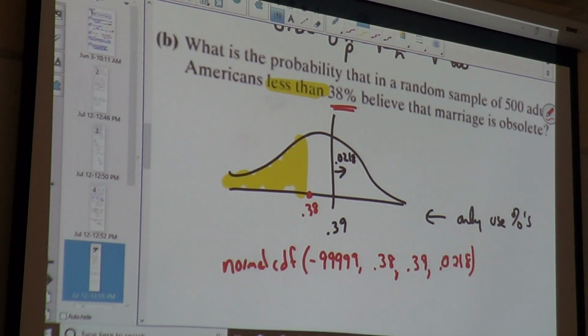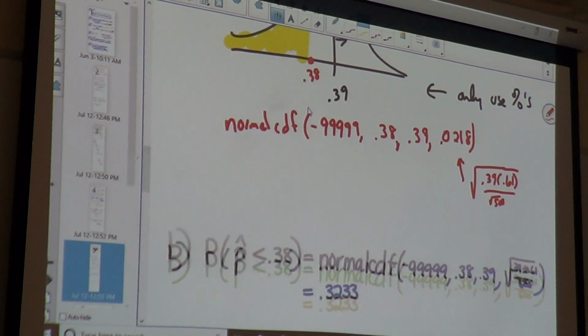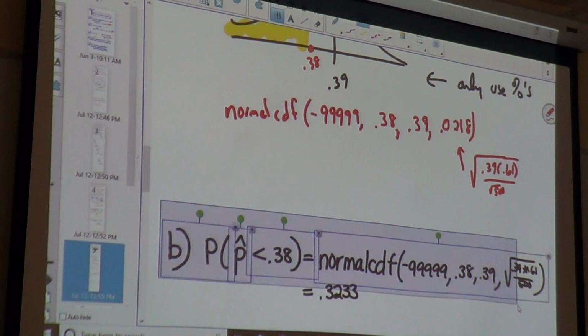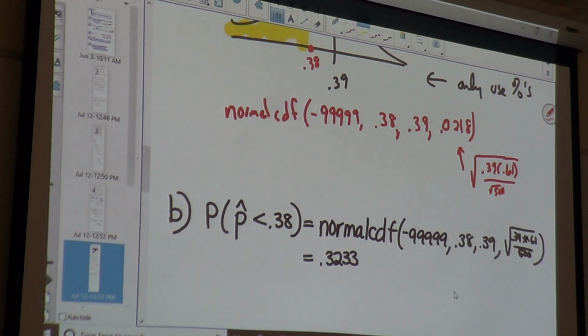If you don't want to use that, you could have typed in the square root of 0.39 times 0.61 over the square root of 500, that whole thing instead of the 0.0218. That would have given you that whole answer. That's going to be your probability.